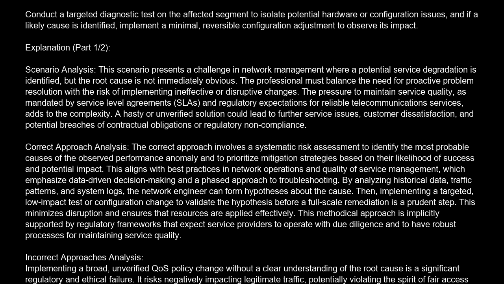Then, implementing a targeted, low-impact test or configuration change to validate the hypothesis before a full-scale remediation is a prudent step. This minimizes disruption and ensures that resources are applied effectively. This methodical approach is implicitly supported by regulatory frameworks that expect service providers to operate with due diligence and to have robust processes for maintaining service quality.